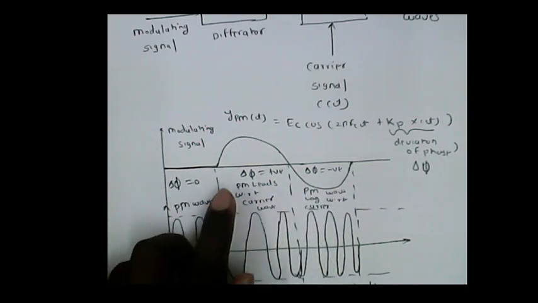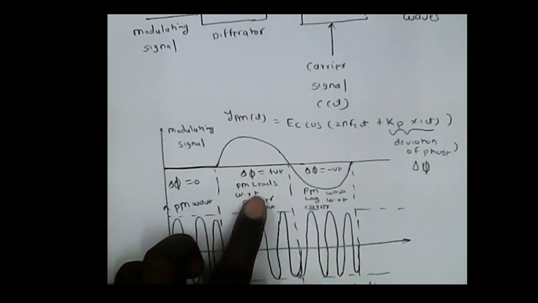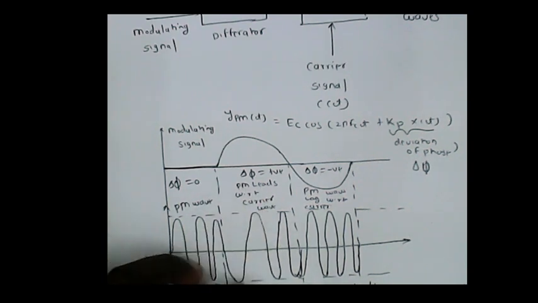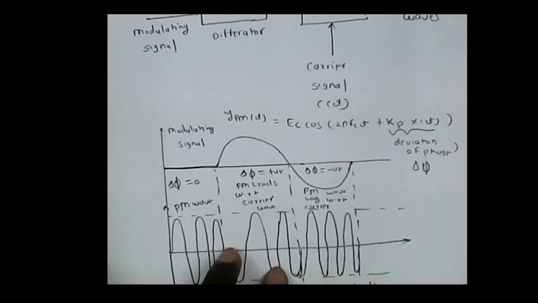Whenever the phase deviation is positive, the PM wave leads with respect to the carrier wave, or the carrier lags with respect to the wave. When we draw the waveform, at times we observe that the phase deviation is 0, so there is no deviation of frequency. Whenever the phase deviation is maximum or positive, the frequency deviation is more. So this is a vice versa condition in frequency modulation and phase modulation.